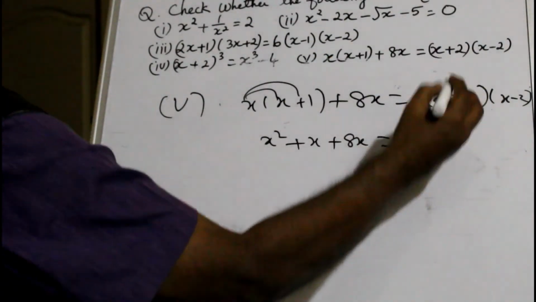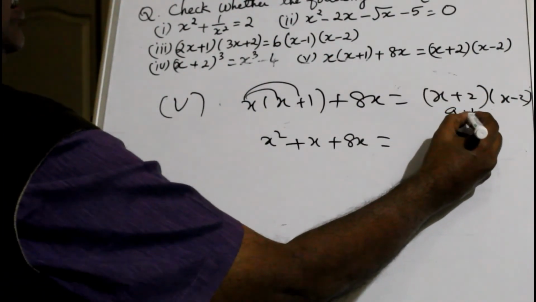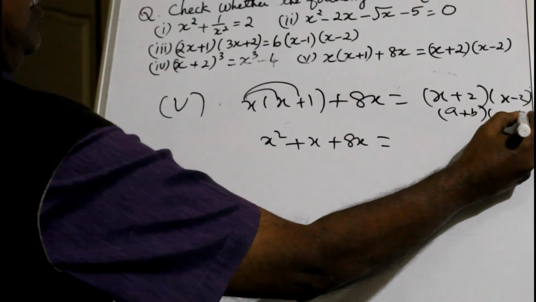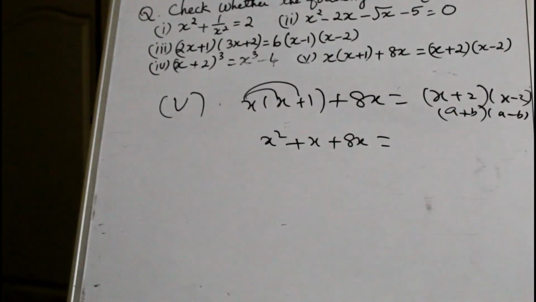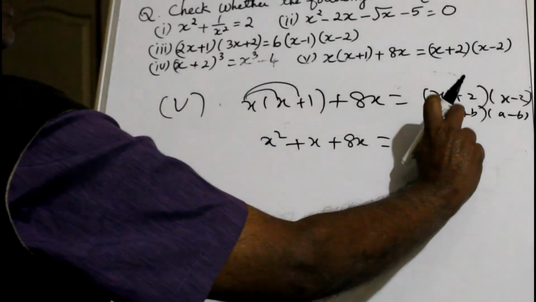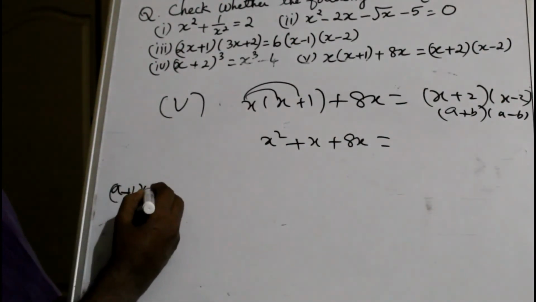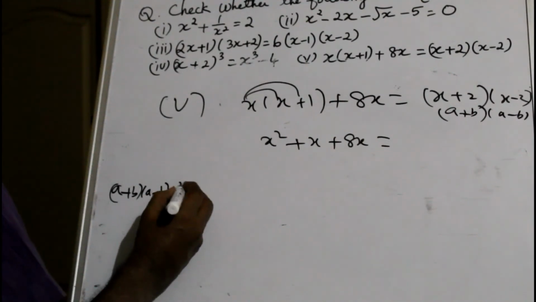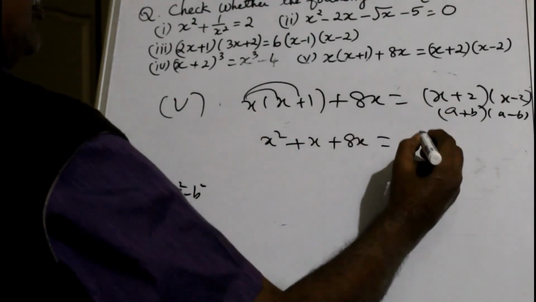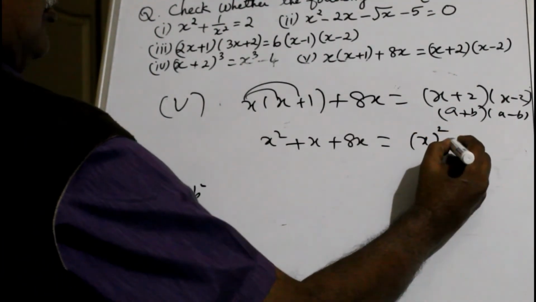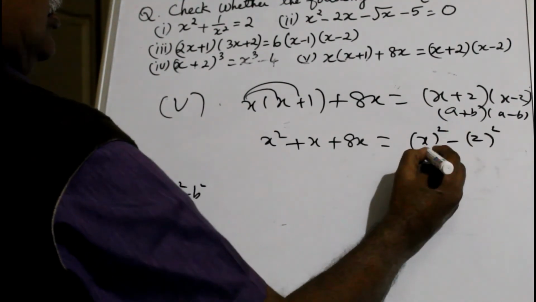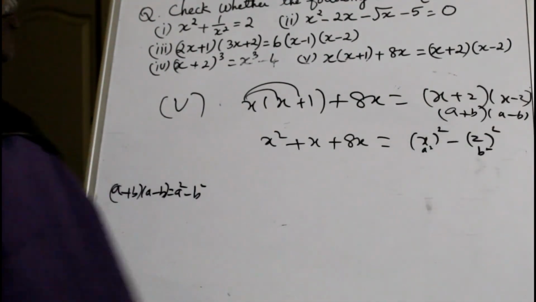Here you can bring it one by one, but use the formula a plus b into a minus b. X plus 2 into x minus 2 is nothing but a plus b into a minus b. We know the formula a plus b into a minus b is nothing but a square minus b square. So this you can write as x the whole square minus 2 square.